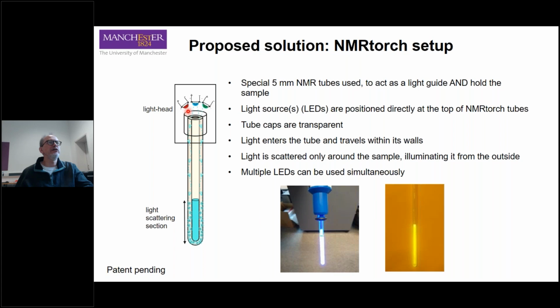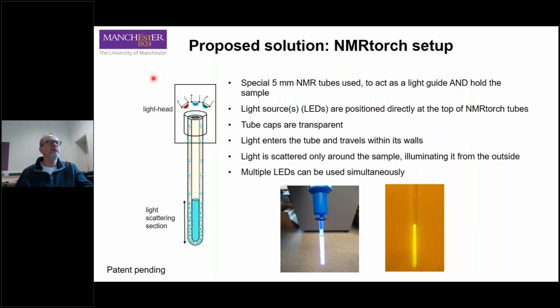Light enters the tube through the transparent tube cap and travels within the relatively thick walls of the tube until it reaches the sample area, and there it becomes scattered around the sample, illuminating it from the outside. And here you see the results of this sample illumination under ambient light, and also fluorescence of the same sample captured through the orange filter.